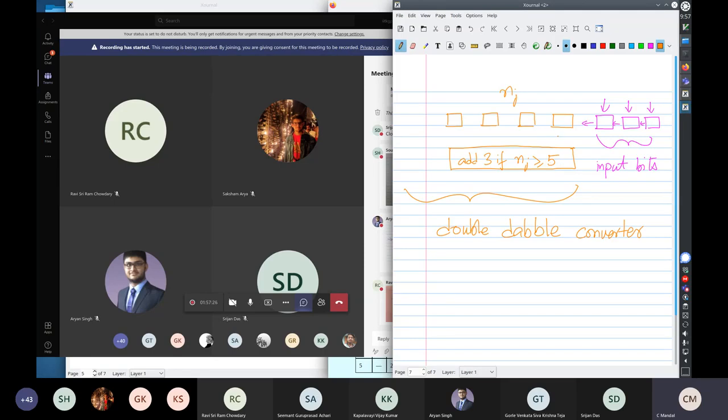So when you shift, you either take the output of this. The output of this, you've got a 4-bit output, right? So now this will get the input either from here or from here.